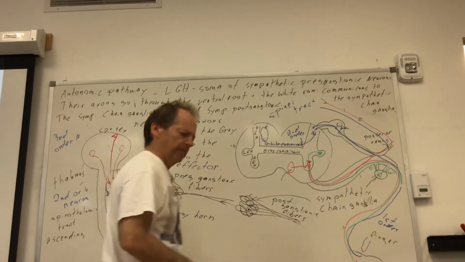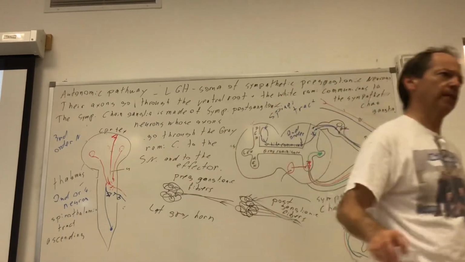And what are the effectors going to be? Smooth muscle, gland, the heart, that kind of thing.